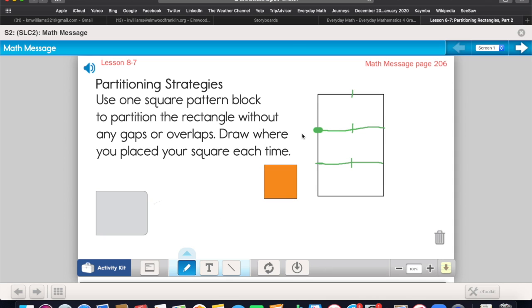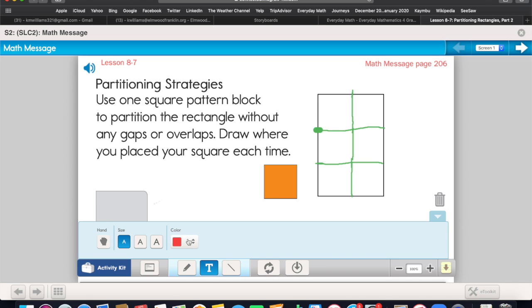And I'm doing that because sometimes you're going to have more than three rows, and it'll be tricky to line it up, so you want to probably mark each row. So as you can see, I have three rows that go this way, with two blocks in each row. These are my columns. So I have two columns with three blocks in each column.